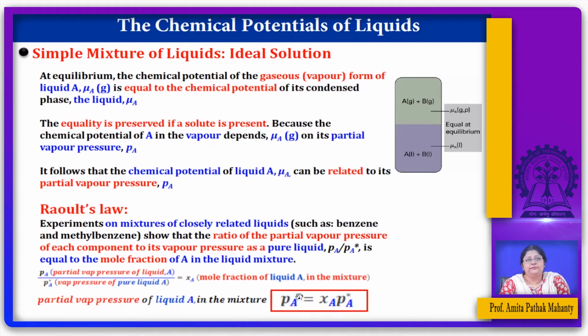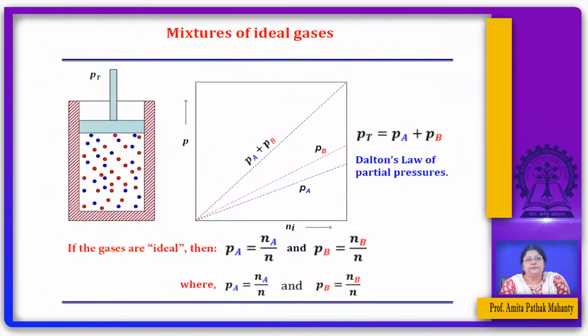That means the partial pressure of B will be equal to the mole fraction of B times the vapor pressure of B in the pure state. This was his observation, which has become a law.